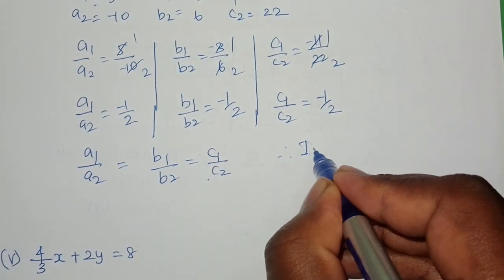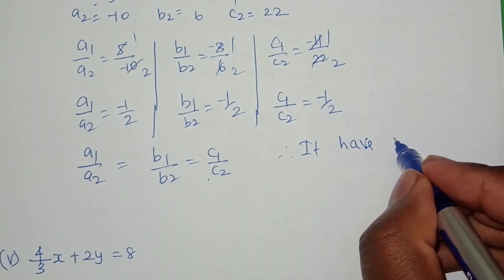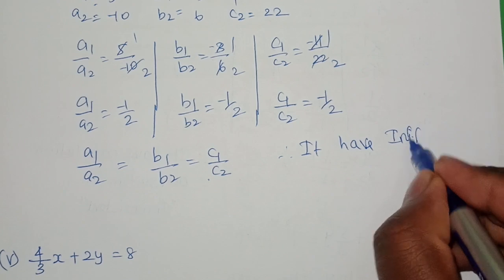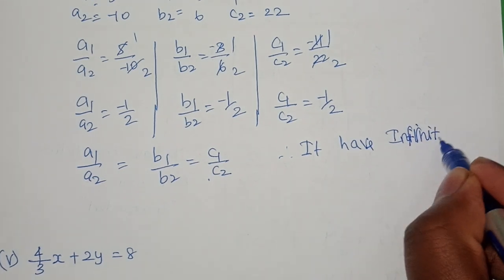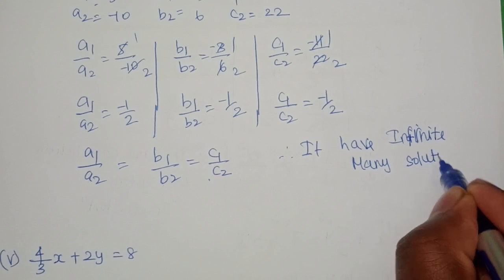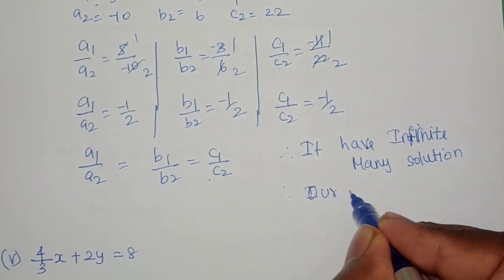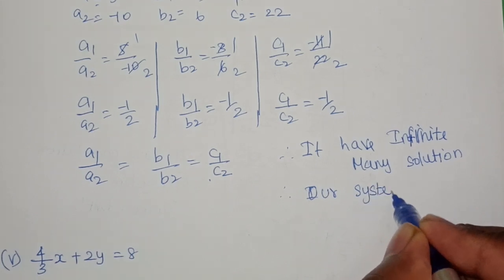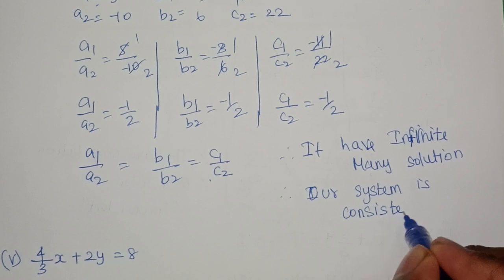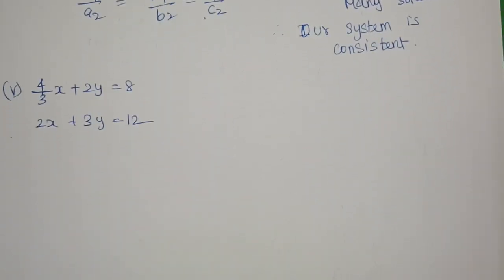Therefore, what solution does it have? Infinitely many solutions. It falls under the second condition. Therefore, infinitely many solutions. Our system is consistent. The last subdivision of the third question, the fifth subdivision.